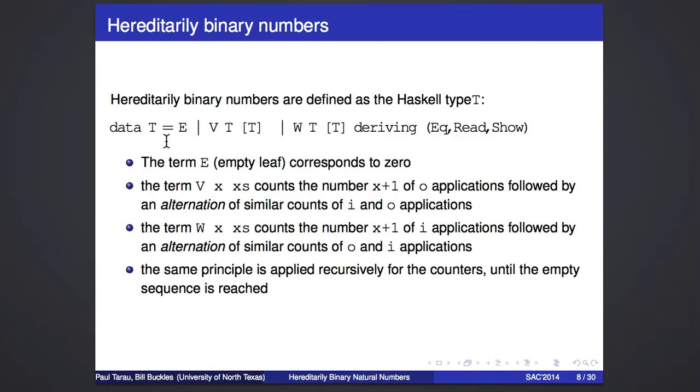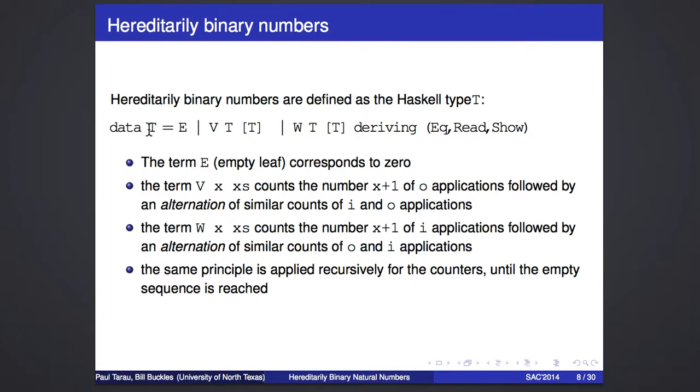The numbers can be expressed by this hereditary data type in Haskell, data type T, which can be read as follows.